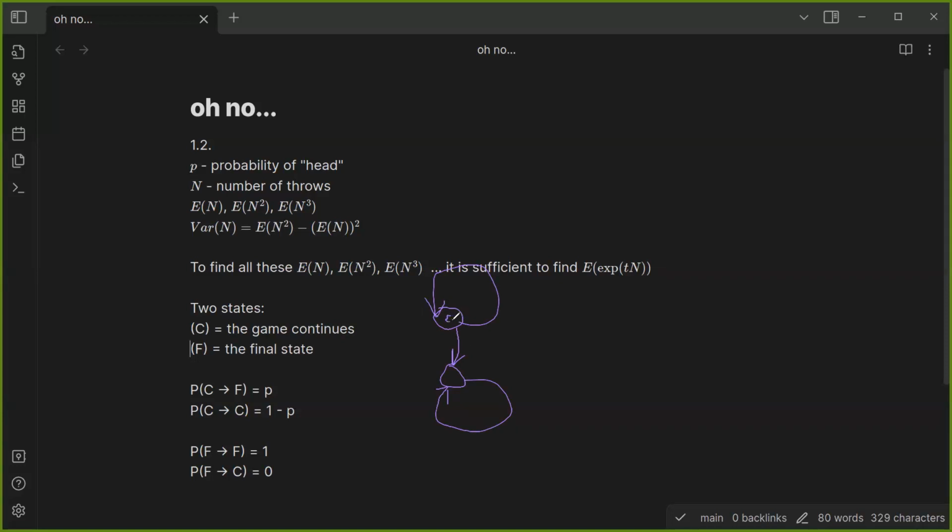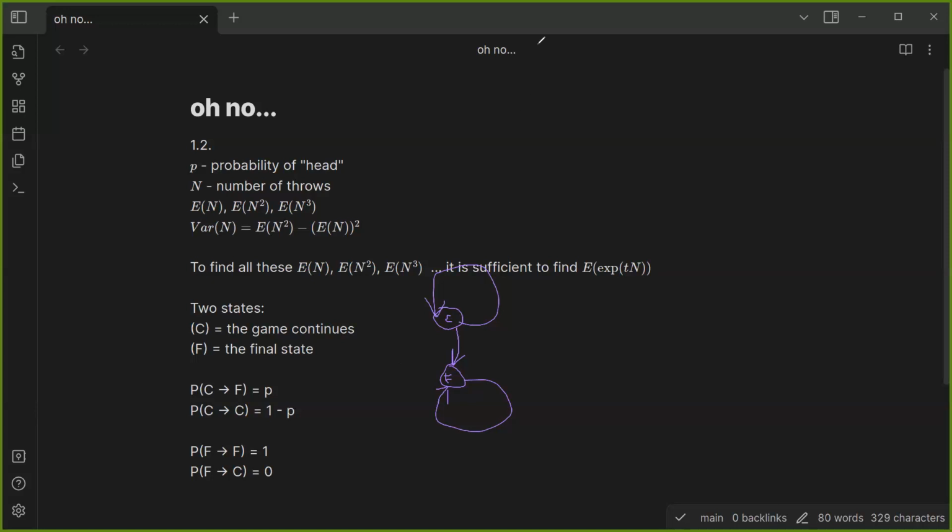This is state C. We continue, and this is state F. Yes, I can draw with the mouse, but that's very bad. I hope you can draw from these probabilities. If it's not clear, I will do it, but normally when I write on the pad, it's natural.